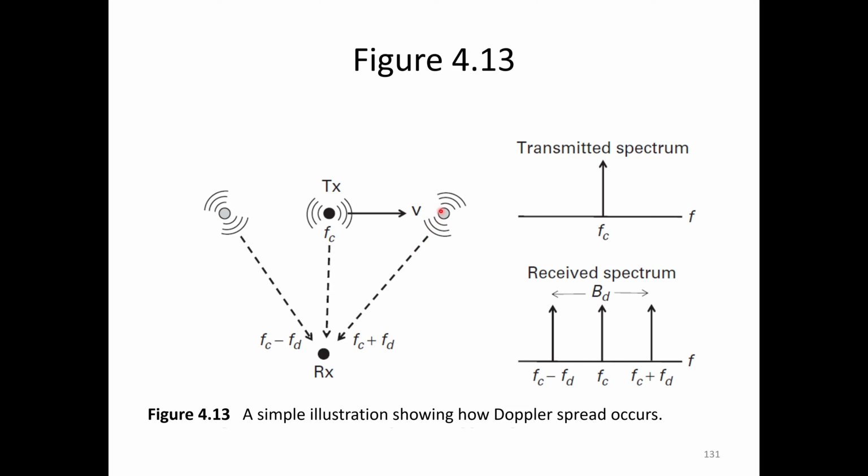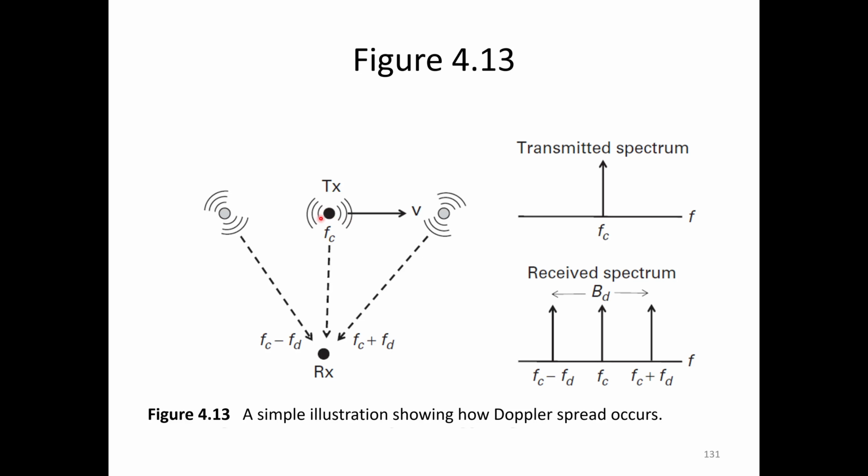So the frequency of the signal from this scatterer is equal to Fc plus Fd, where Fc is the carrier frequency and Fd is the Doppler frequency or Doppler shift.